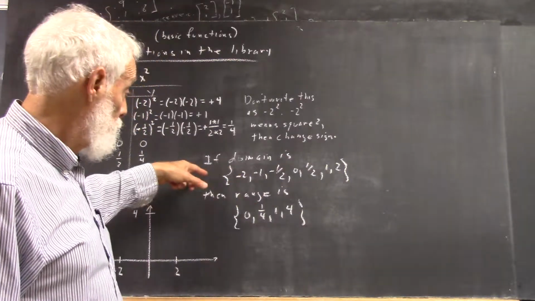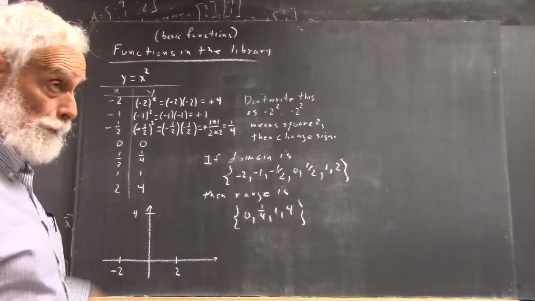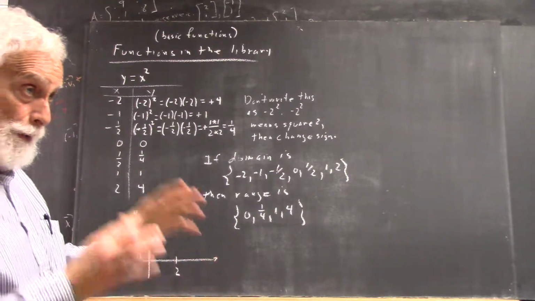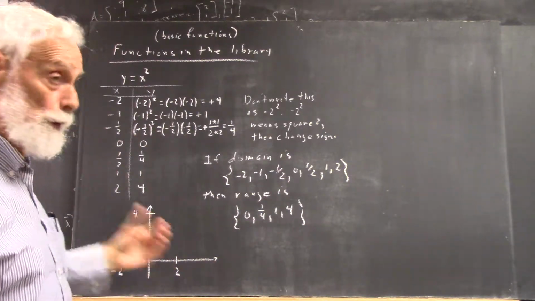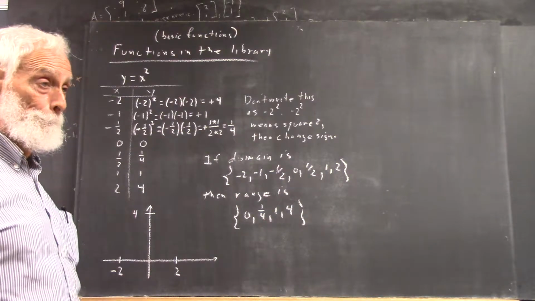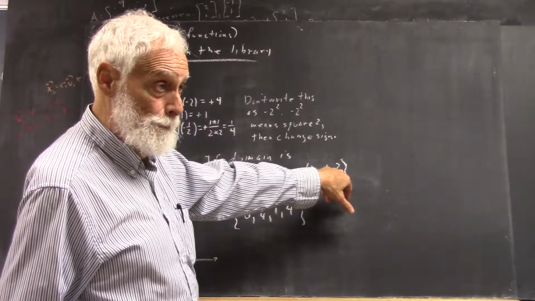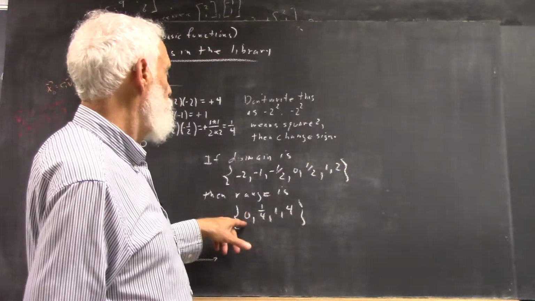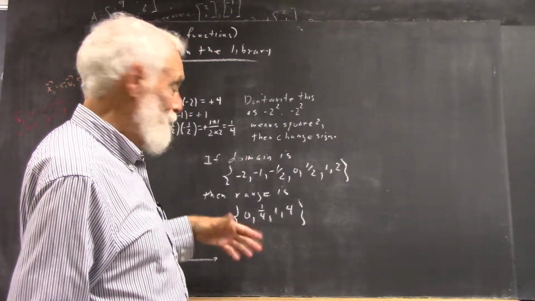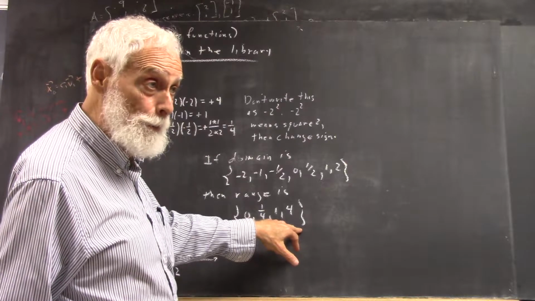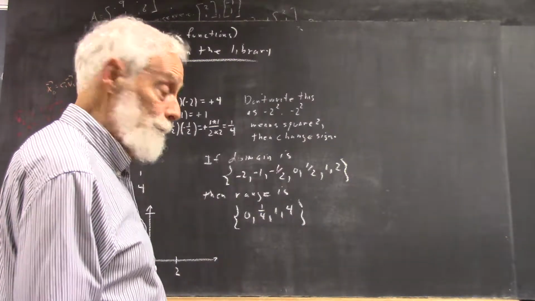We spend a lot of time talking about domain of more complicated functions. We have to understand what domain means and what range means, okay? Now, if your domain was all the numbers from -2 to 2, then you can pretty well conclude that your range will consist of all the numbers from 0 to 4, right?